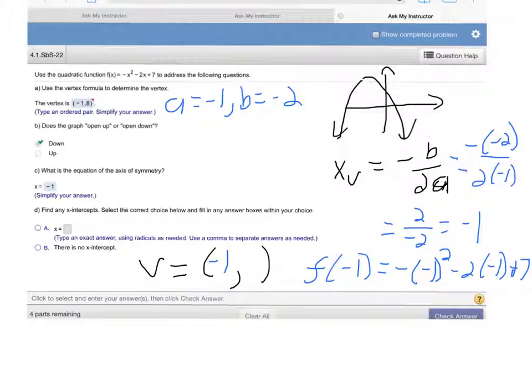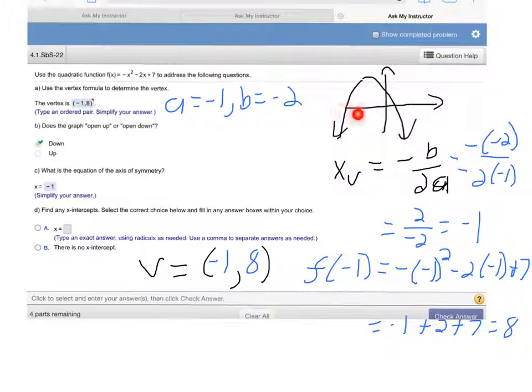Negative 1 squared is positive 1, so it's minus a positive 1, plus 2 plus 7, and that comes out to 8. That was the first part of your question, how do I find the vertex, which is here.